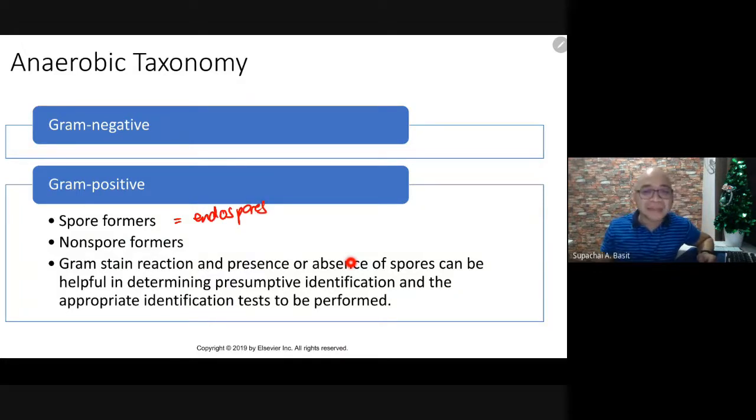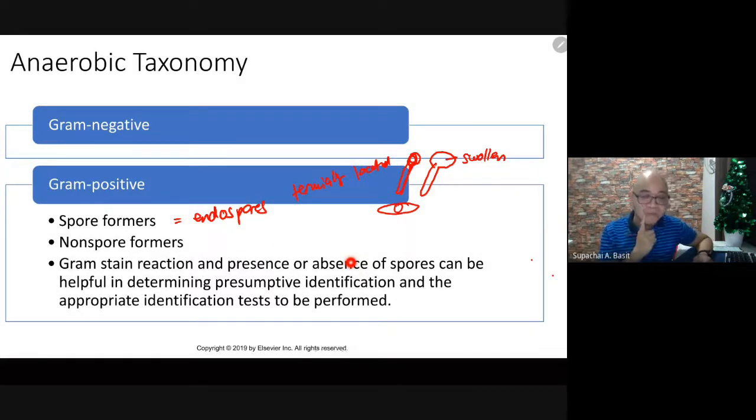And for these gram-positive bacilli, the endospores could be terminally located. Pag sinabing terminally located, parang ganyan. Or could also be swollen. Some of them could be centrally located. Some of them are non-spore formers, meaning they do not have endospores.